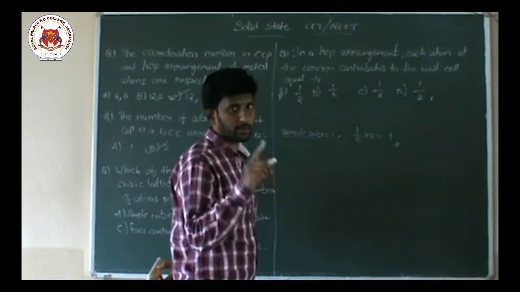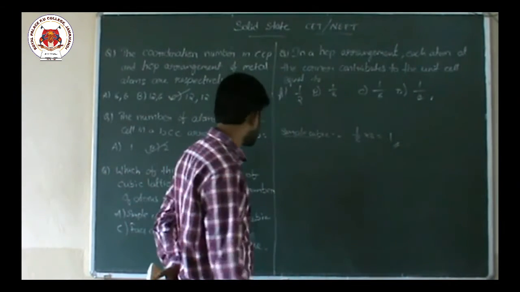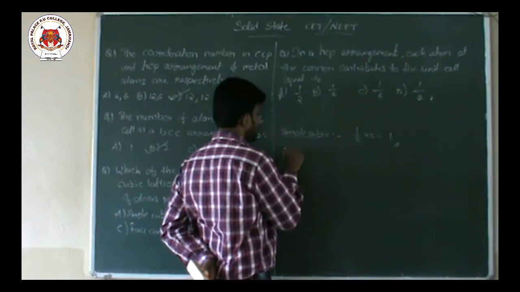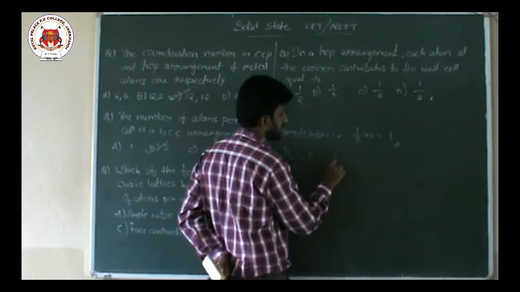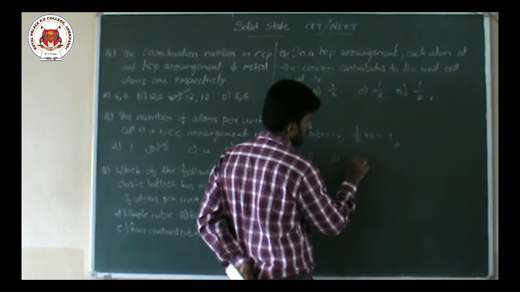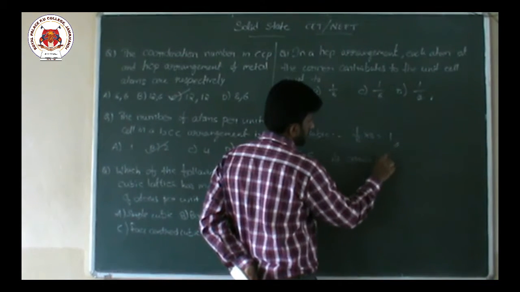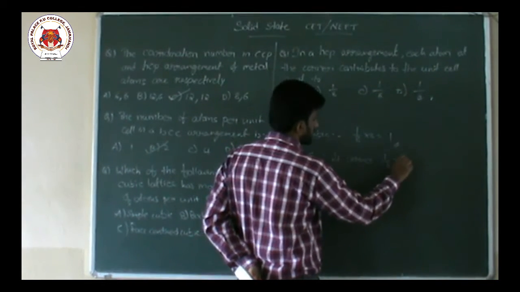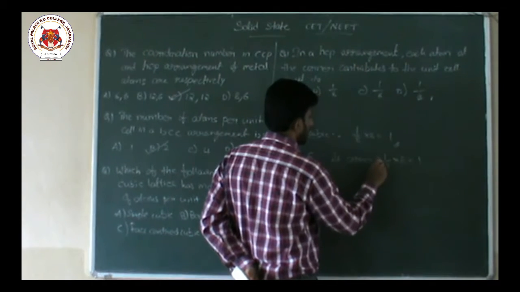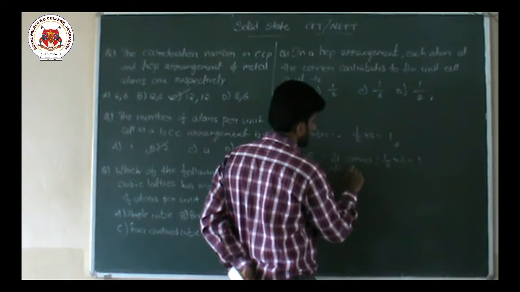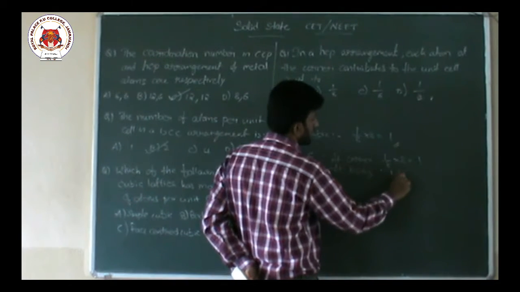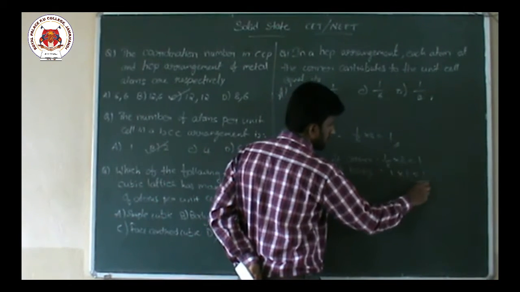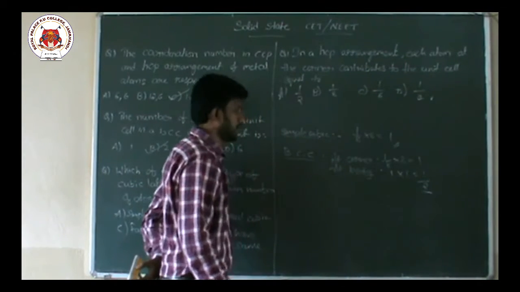For simple cube, the number of atoms per cell is 1. Just now we did BCC. For BCC, corner contribution is 1 by 8 into 8 is 1, and at body center 1 into 1 is 1, totally 2 atoms per unit cell.